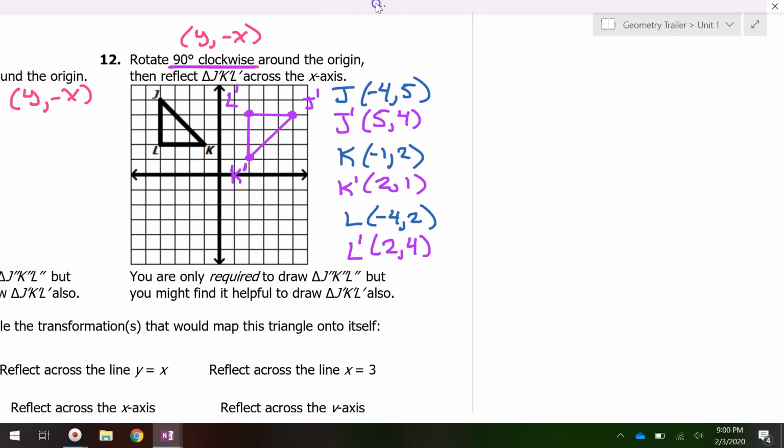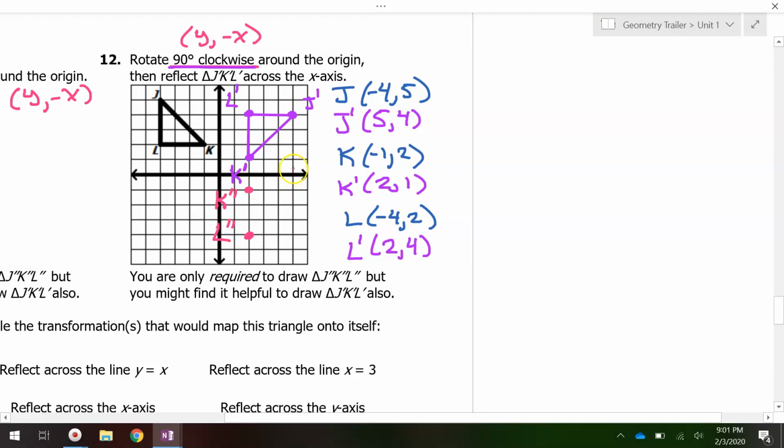But now we are supposed to reflect the purple triangle, J prime, K prime, L prime, across the x-axis. So if I do this visually, K prime is 1 above, so K double prime will be 1 below. So here I have K double prime. L prime is 4 above, so L double prime will be 4 below.